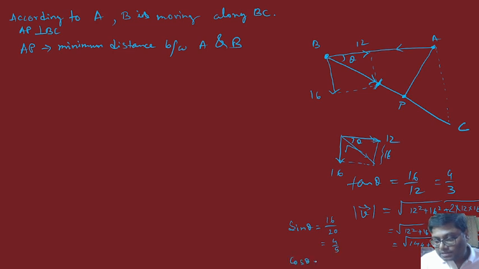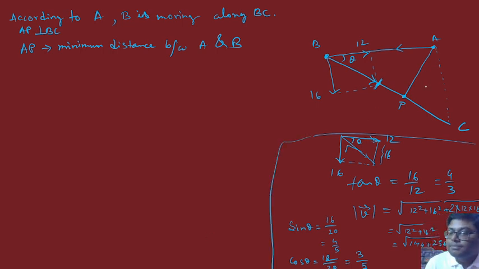Similarly, cos theta equals 12 by 20, which is 3 by 5. OK, so this is the derivation that we get. Now come back to the main point, that is we have to find out AP.